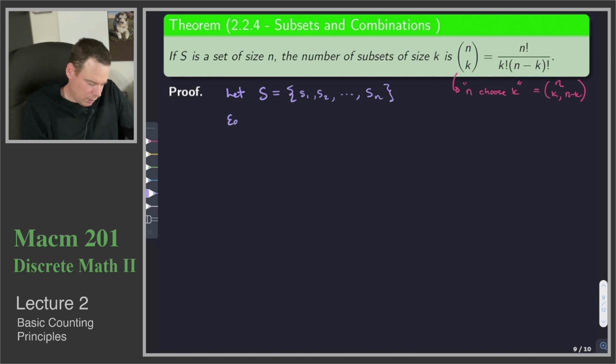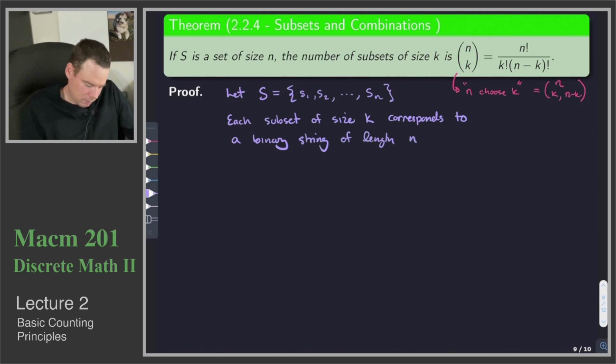So each subset of size k corresponds to a binary string of length n with k ones.